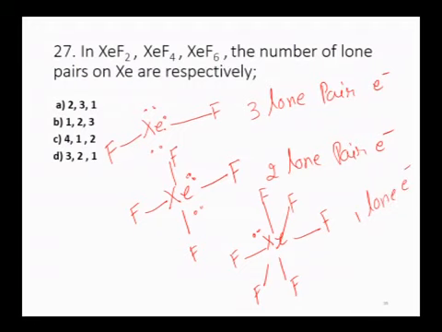So, xenon difluoride contains 3 lone pairs of electrons. Xenon tetrafluoride contains 2 lone pairs of electrons. Xenon hexafluoride contains 1 lone pair of electrons. So, the order is 3, 2, 1. So, the suitable answer among the following is D.